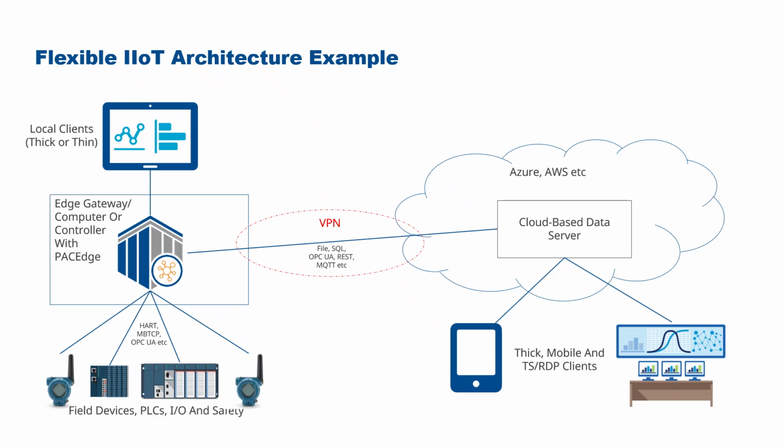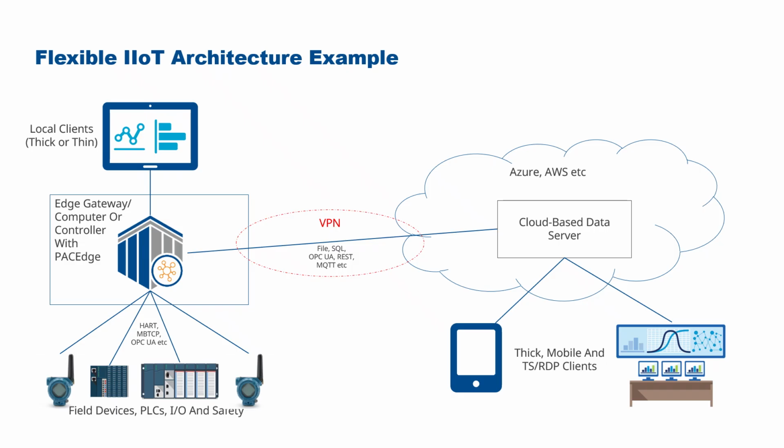You could just have a local device that's storing data, and maybe you just need that for compliance issues, or maybe you need it because you want to be able to diagnose machine issues later on. But if you want to, the next step would be to connect the edge computer or gateway to a cloud-based application, or maybe this is via your wide area network to your own on-prem database. But we do that using a VPN.